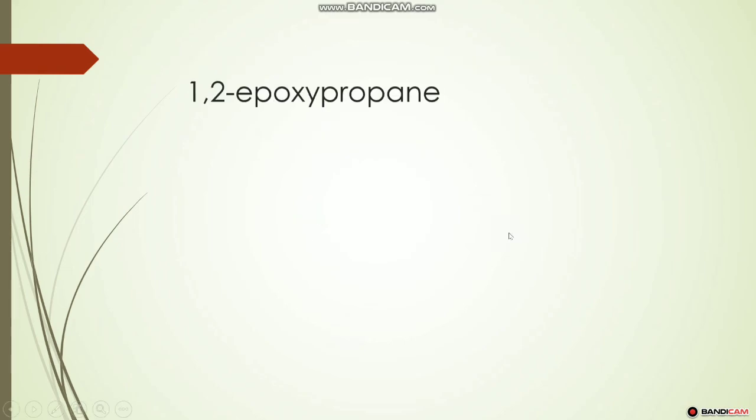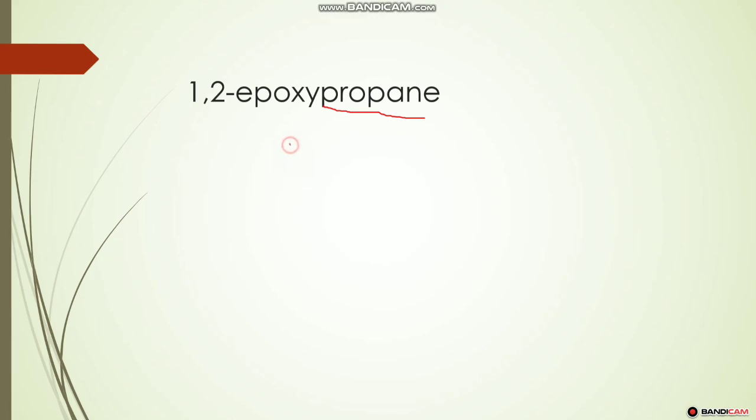Okay, in this molecule, we have here the longest parent chain, the propane. So when we see propane, it has 3 carbons attached to the epoxide substituent.